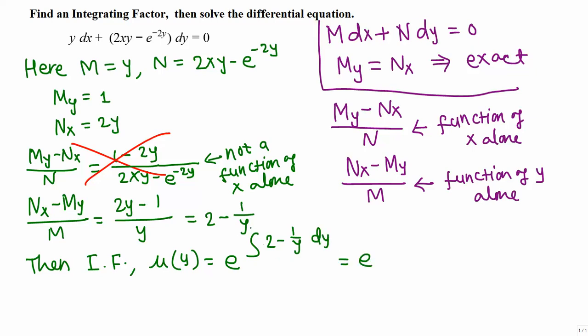E raised to the integral of 2 with respect to y, 2y, minus the integral of 1 over y, which is natural log of y. Now I'm assuming y is positive. Now let's separate into two. E raised to 2y times e raised to negative natural log of y.